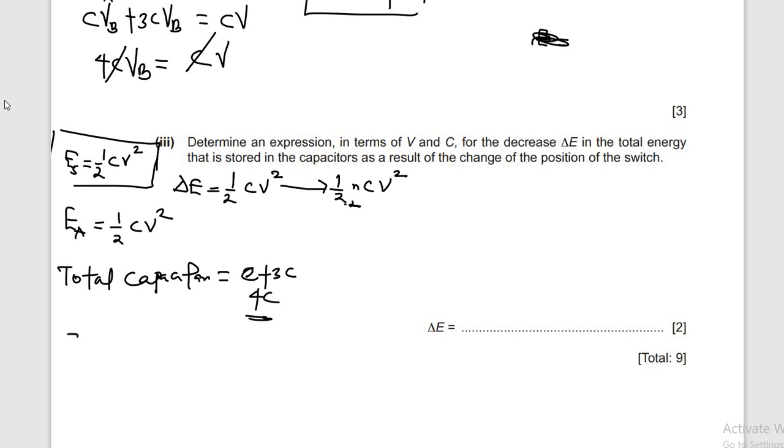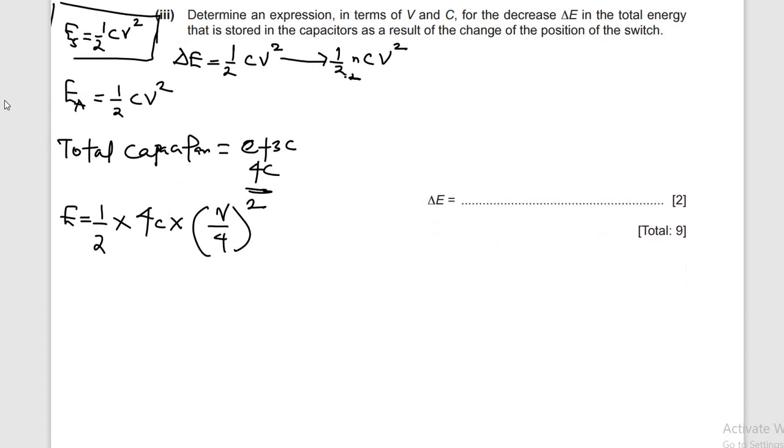At that point, energy stored will be half C, in this case 4C, and the voltage is V over 4, all squared. So energy stored will be 2C multiplied by V squared over 4.